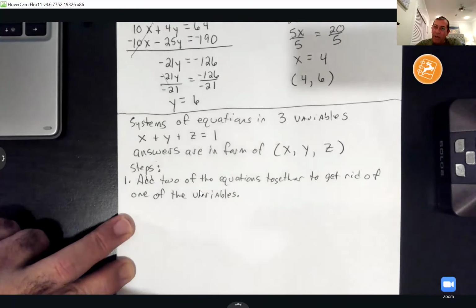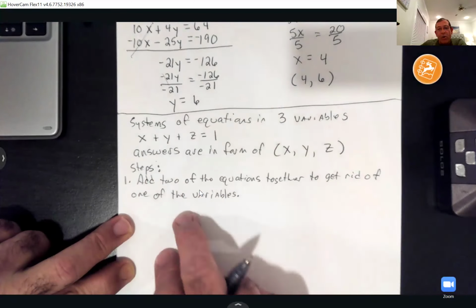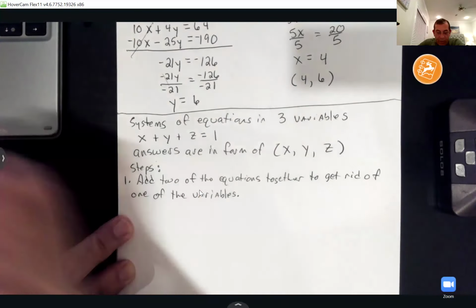Now, here's the tricky part. I just used 2 of my 3 equations to get rid of one of the variables.